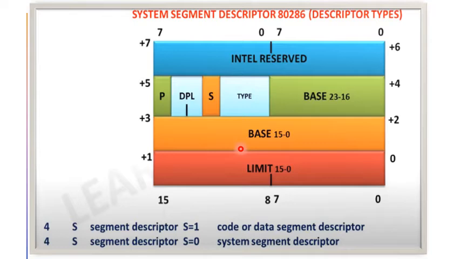Let us now discuss the functions of P, DPL and types 1, 2 and 3. The system descriptor can function in 3 types, 1 to 3.